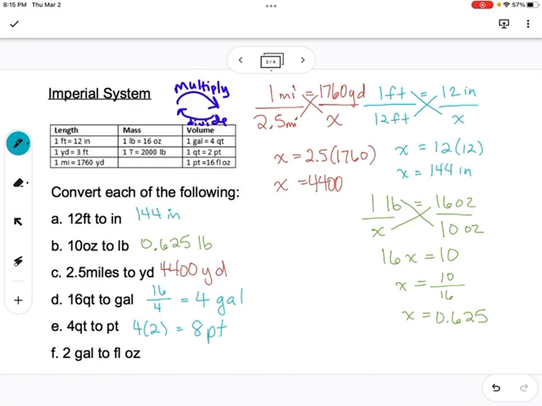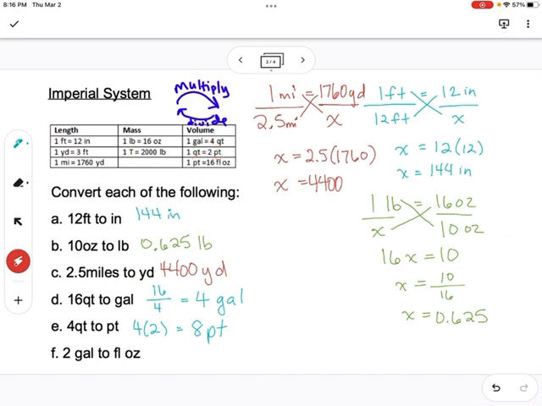Okay. Last one here. Going from 2 gallons to fluid ounces. So we notice if we're looking at the conversion chart, we can't go directly from gallons to fluid ounces. So we have to take a few steps here. We're going to go from gallons to quarts, quarts to pints, and then finally pints to fluid ounces.